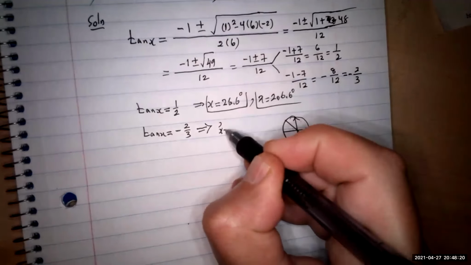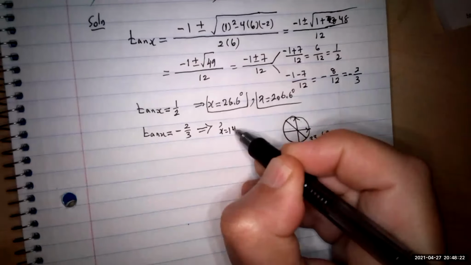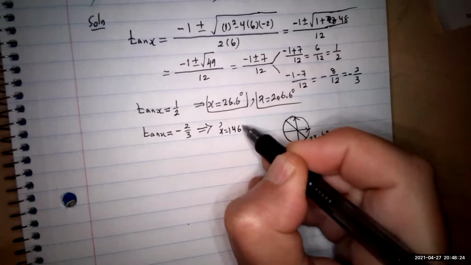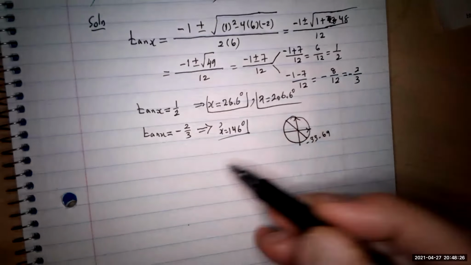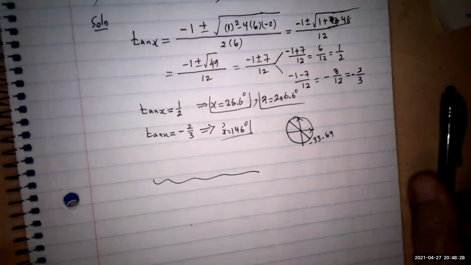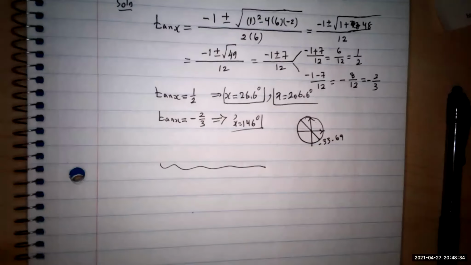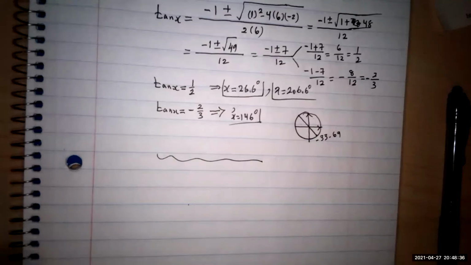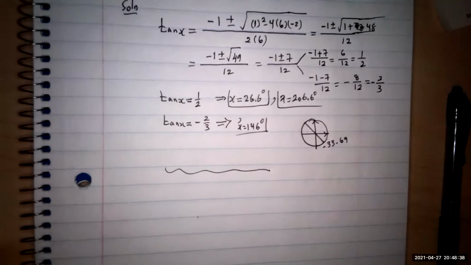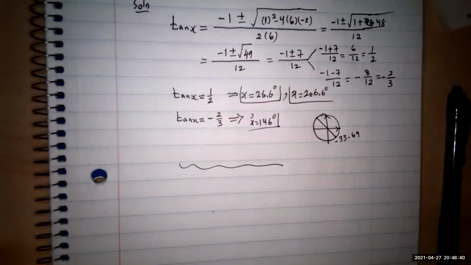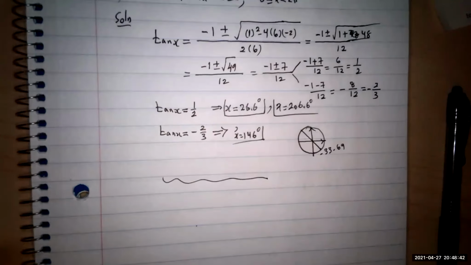So x is equal to 146. That gives you the other solution. If we give you this type of thing, we give you something which is going to be straightforward. But that's the purpose, just to learn how you handle it if it is going to be in application problems.